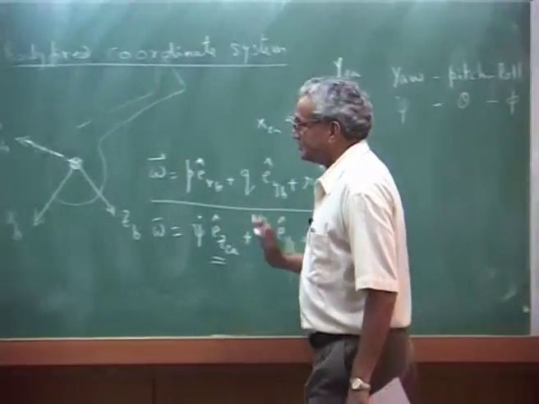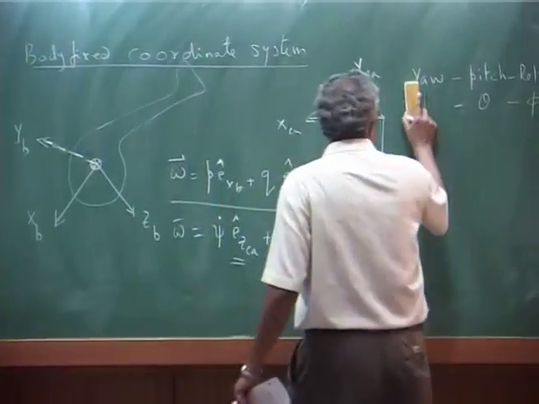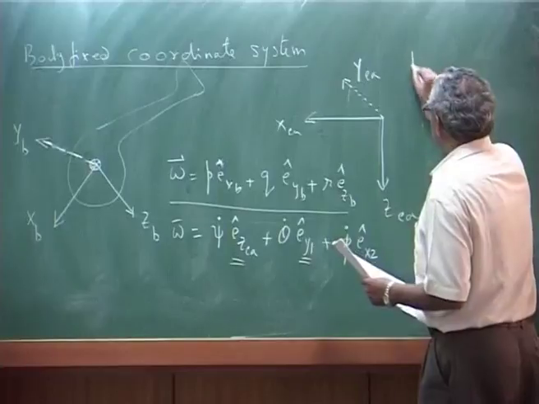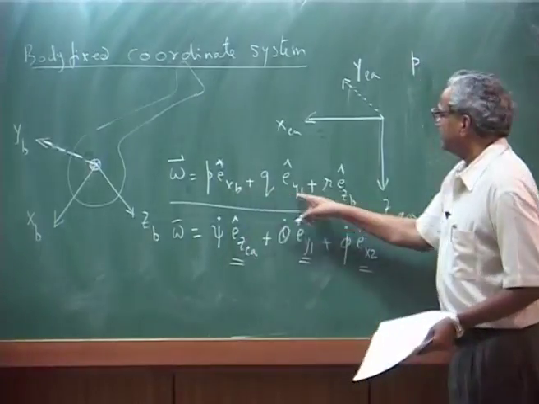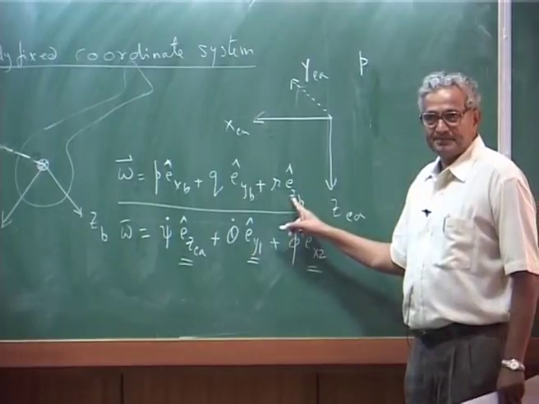If you do the transformation, you will get this relationship. Maybe I erase this part, here I will write. Finally you convert everything into xb, yb, zb.